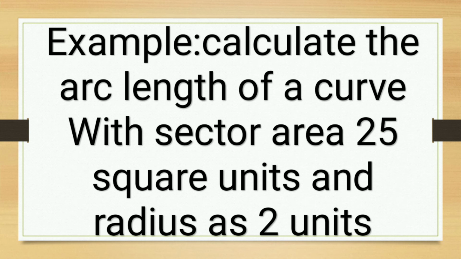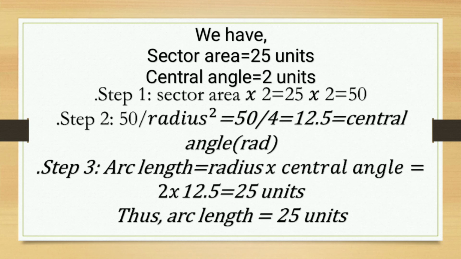Example, calculate the arc length of the curve with sector area 25 square units and radius as 2 units. We have sector area 25 units, radius equals 2 units. Step 1, sector area times 2 equals 25 times 2 equals 50.